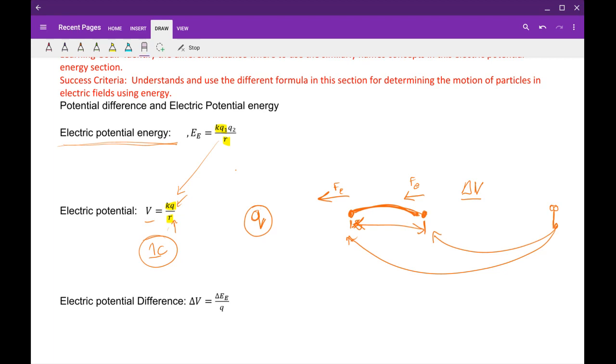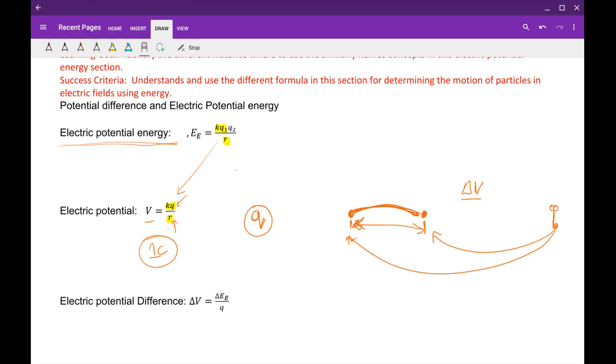All right. So essentially, the idea with this electric potential is that it's a property of space around a particle that allows you to keep track of the energy required to get to that location. Okay.